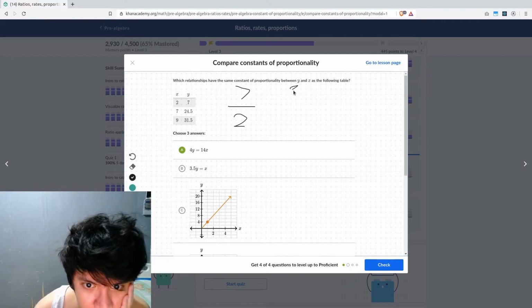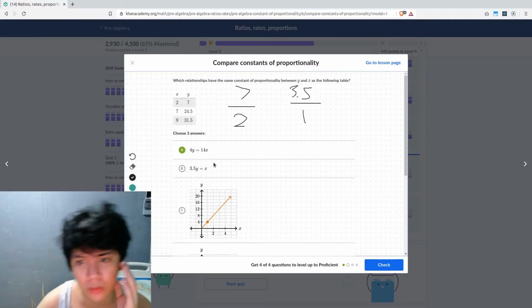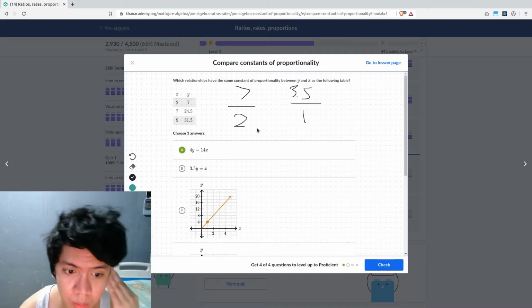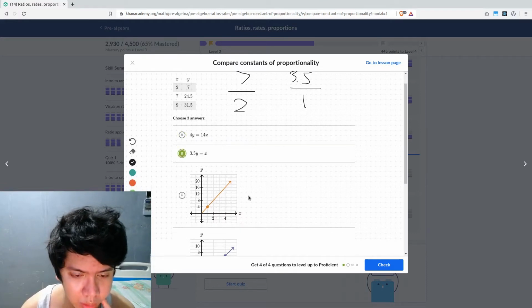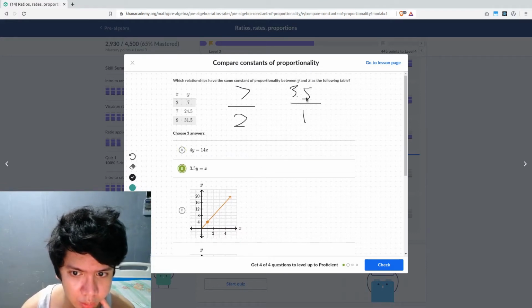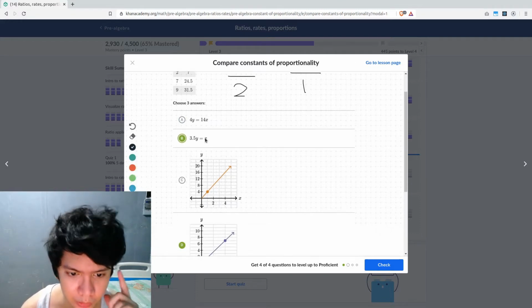So 3.5 or 1. So if our y is 4, then our x will be smaller, right? That's actually correct.